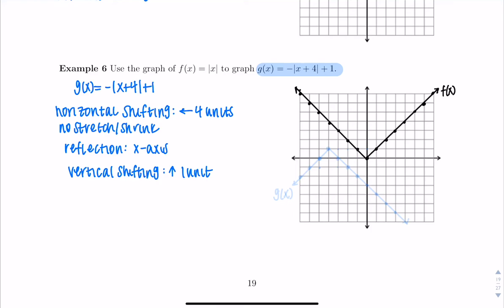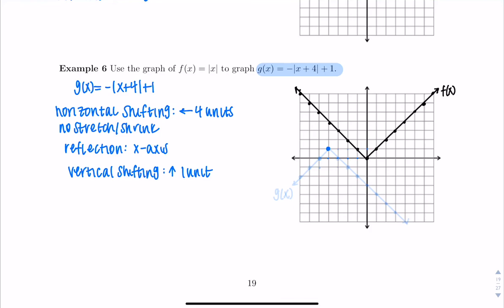So let's go ahead and start with the origin. So we're going to move to the left 4 units. We don't need to stretch or shrink, and we can't really reflect if we're on the x-axis. So the only thing left to do is to move it up 1 unit. So my new origin is at negative 4, 1. Let's go ahead and do this with 1, 1.